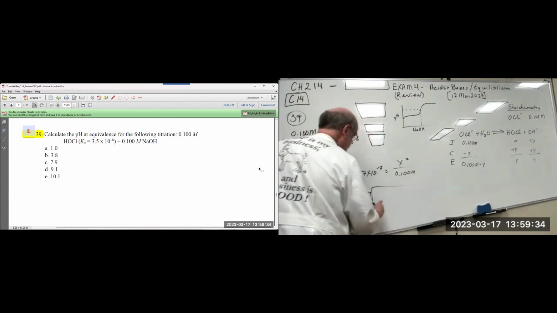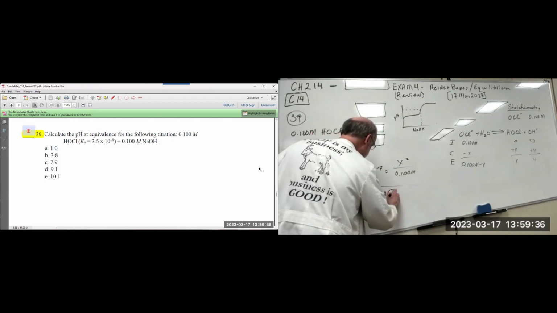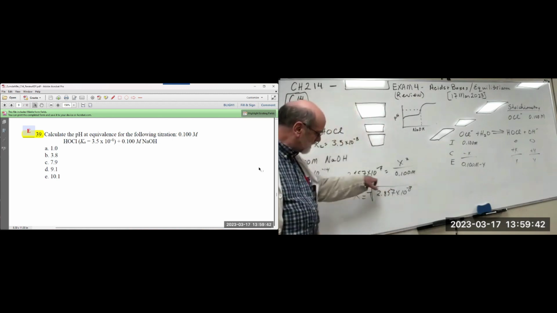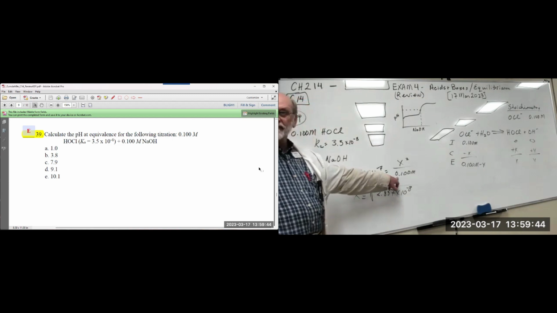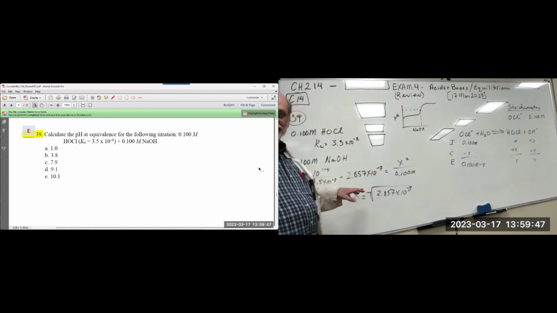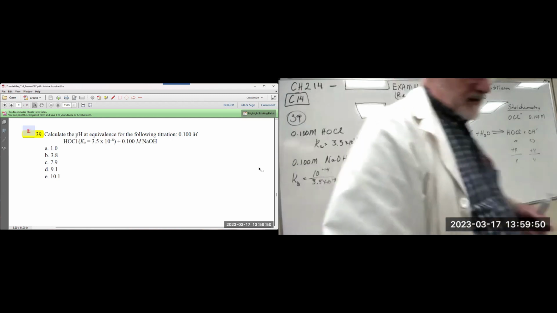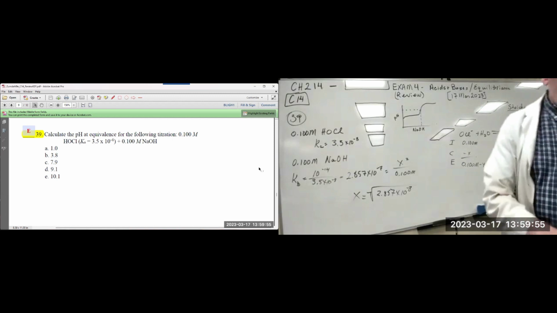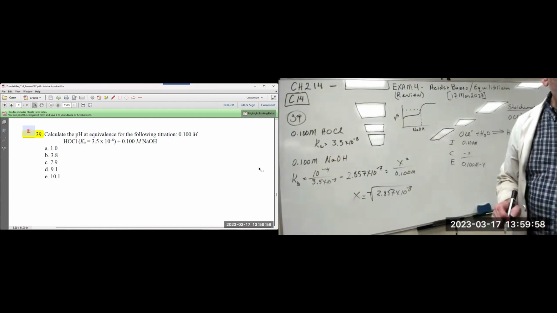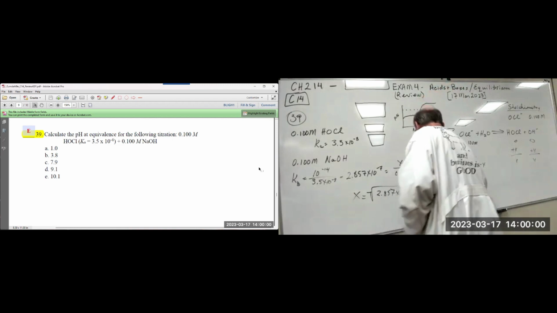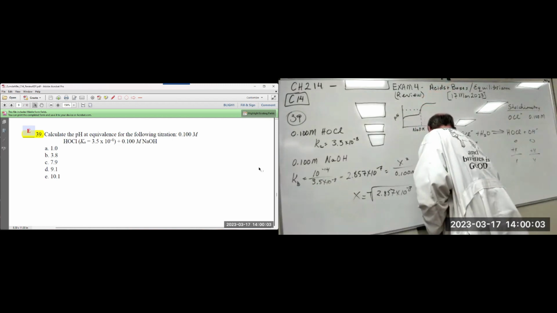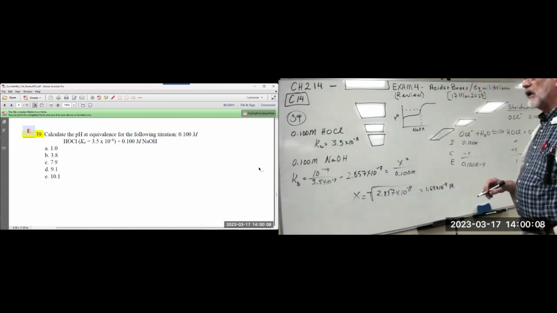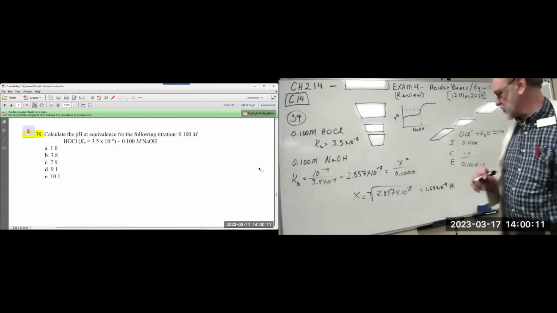So what we're looking at is the square root of 2.857 times 10 to the minus 8, because I multiplied this one times 0.1. And square root. There we go. 1.69 times 10 to the minus 4 molar. Oh, it asks us for pH. Okay.